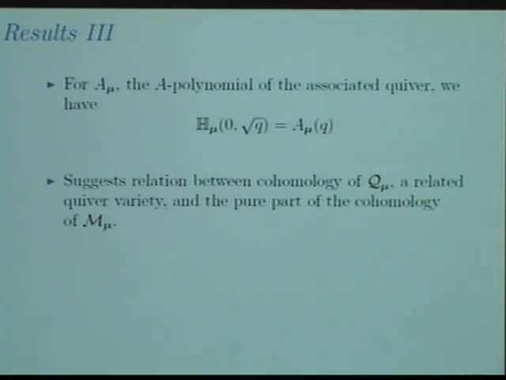So a way to describe this statement of the equality of two polynomials is to say that the pure part of the mixed Hodge polynomial of the character variety equals the Poincaré polynomial of the quiver variety.